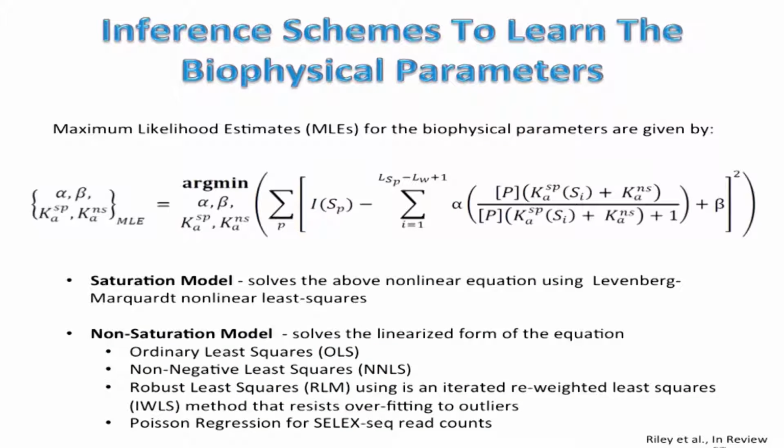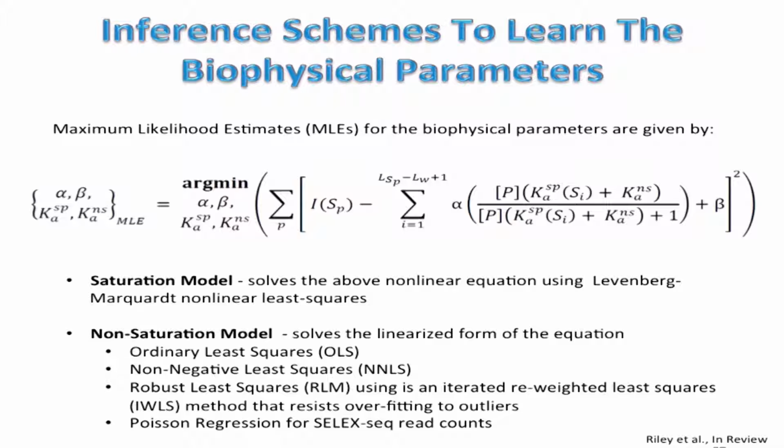Okay. So now let's talk about the inference schemes. Here, what I've done is I've taken the previous formula and added in how we fit for the parameters, looking at this maximum likelihood least squares formulation.